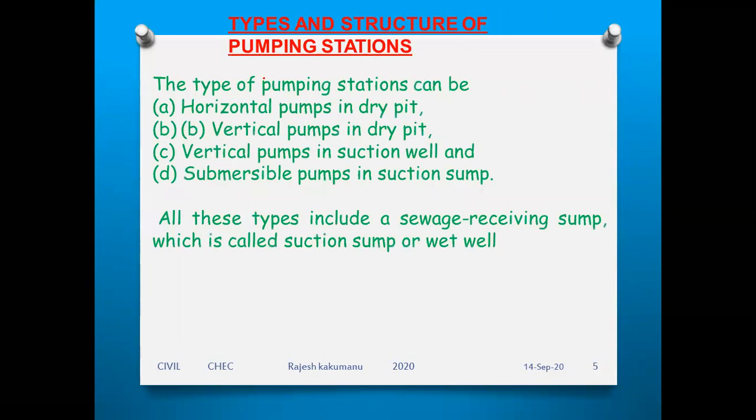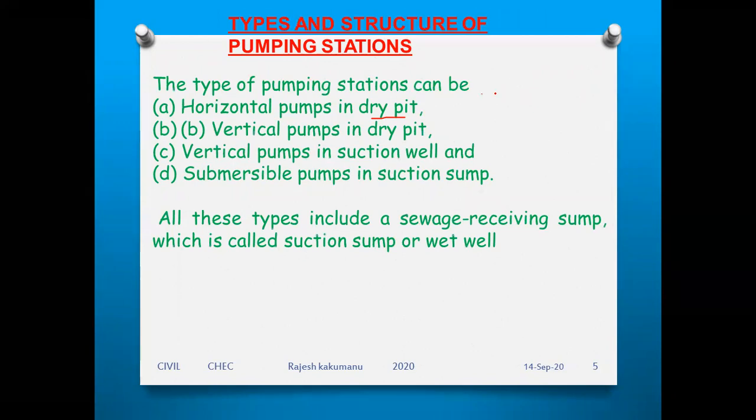See here. The various types of pumps which are useful for sanitary systems and also storm water systems are, first, horizontal pumps in a dry pit. A pit is a big space dug inside the ground.